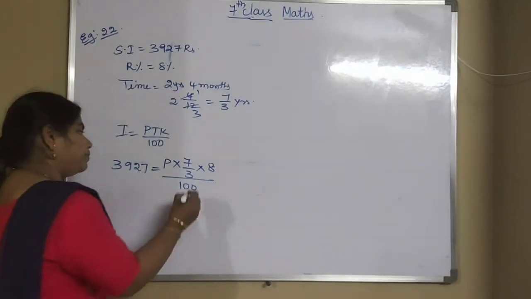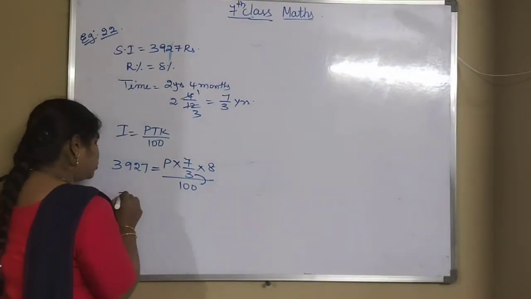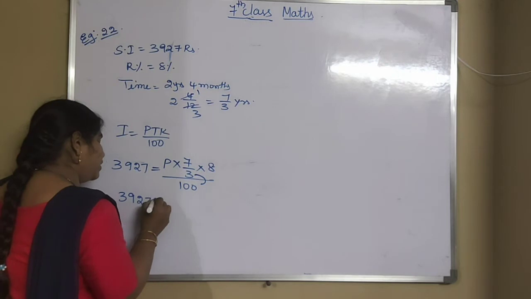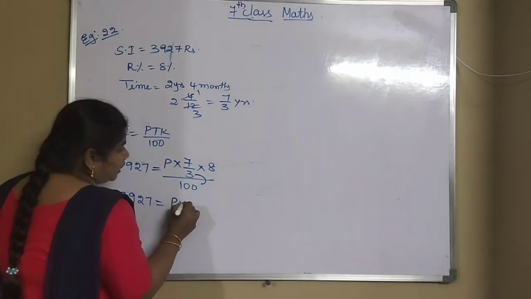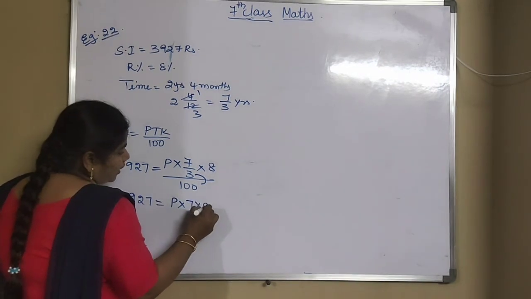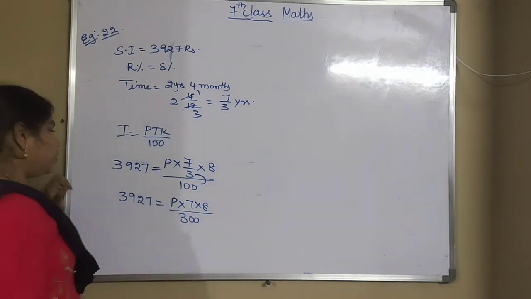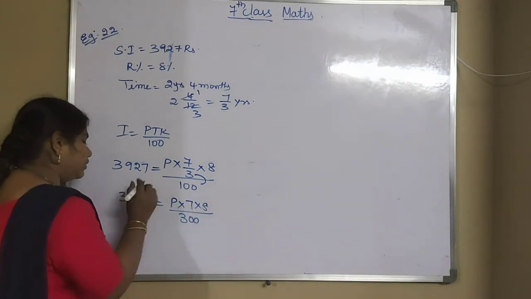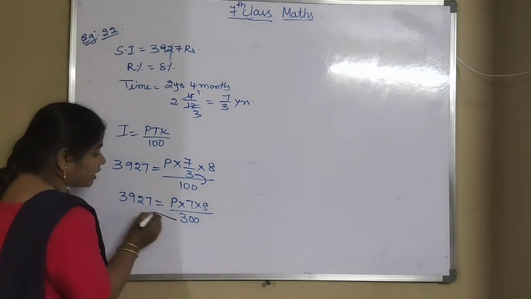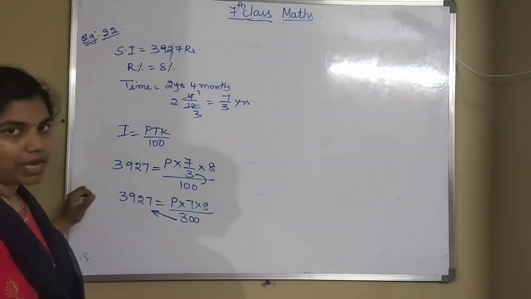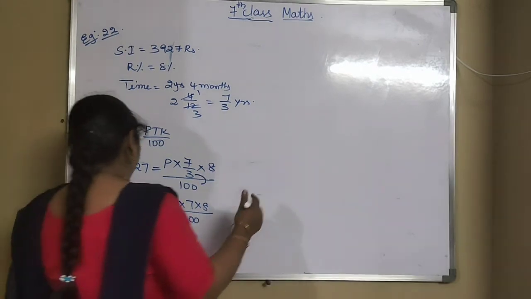Now I am multiplying these two. So 3,927 is equals to P into 7 into 8 by 300. Now I am transposing these two values to other side. First I am transposing this 300 to other side, so that will be in the form of multiplication.